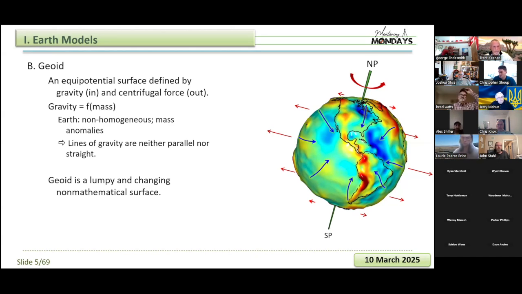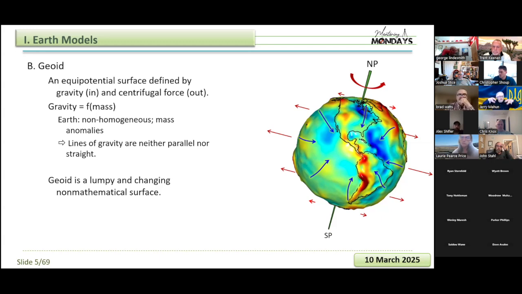Now, it's not real neat to just come up with a mathematical surface like that, because gravity is a function of mass, and the Earth is full of mass anomalies. There are solids and molten parts, so it's constantly shifting. So it's a non-homogeneous mass, and the lines of gravity are neither parallel nor straight.